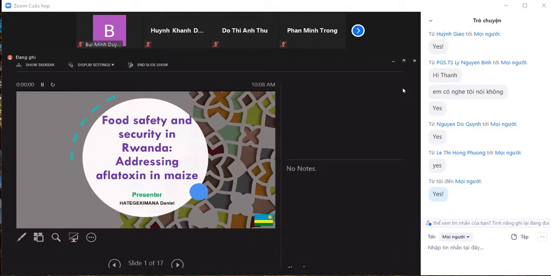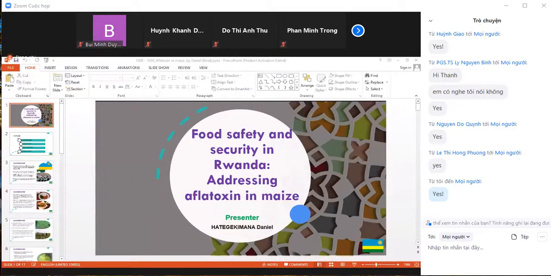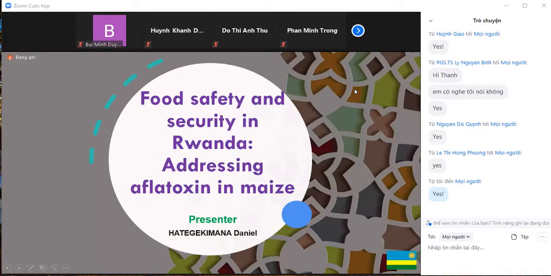To use this one, not this one. This one you got? It's from Rwanda. From Kenya. Kenya and Rwanda. Rwanda, a different country.